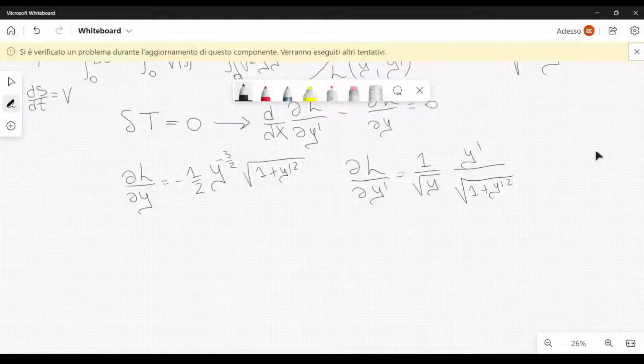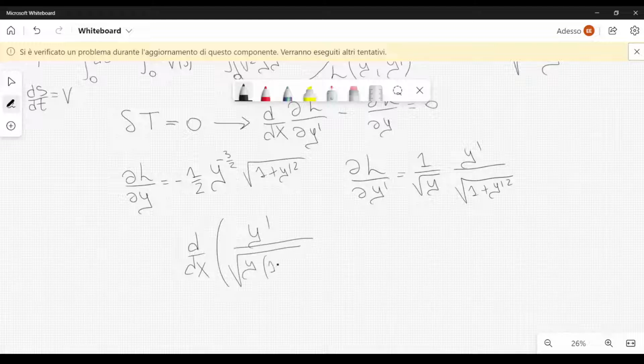And then we calculate the derivative with respect to x of this function, so y prime divided by square root of y times 1 plus y prime squared, and this will have to be equal to this. So we can rewrite it as minus 1/2 square root of 1 plus y prime squared divided by y cubed.